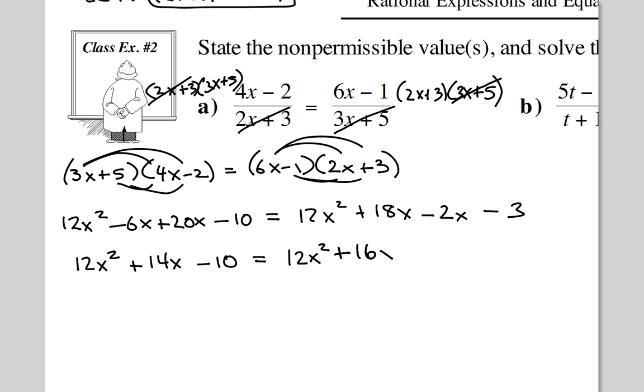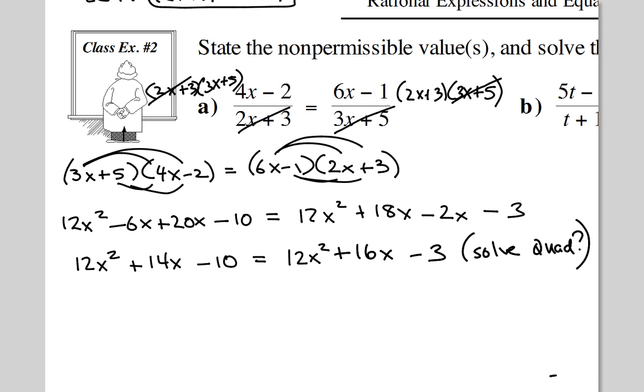Okay, now at this step, we have to recall a few units ago. How do we solve quadratic equations? Move everything to one side so that it's 0 on the other side, right?